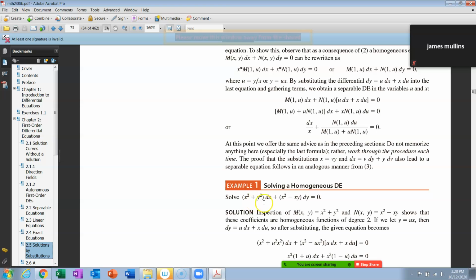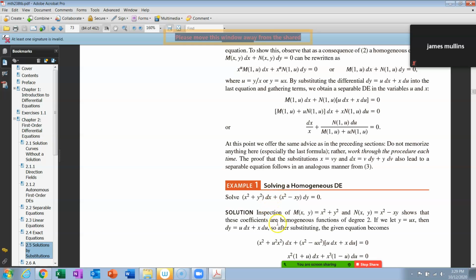This is your M of xy, there's your N of xy. Okay, both have degree 2. Every term is degree 2, so you can do the homogeneous part. So if we let y equal ux, then dy is equal to u dx plus x du, right there. So after substituting, you have this equation: x squared plus y squared is u squared x squared, so that's where that came from.